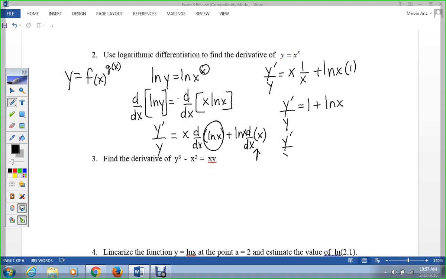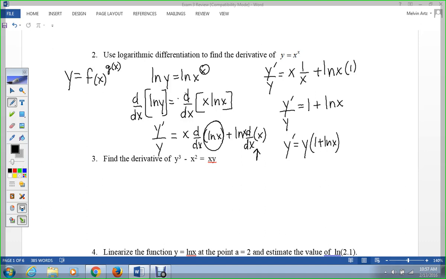Now we're going to multiply both sides of the equation by y so that we can get y prime by itself. So we'd have y prime equals y times 1 plus the natural log of x.